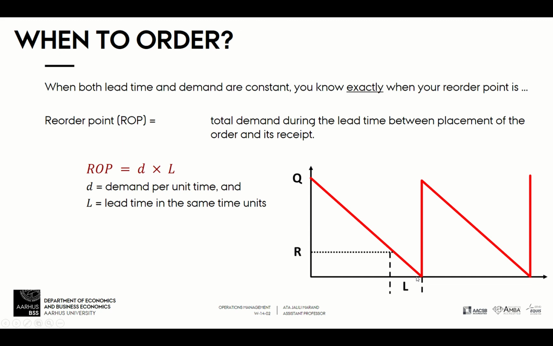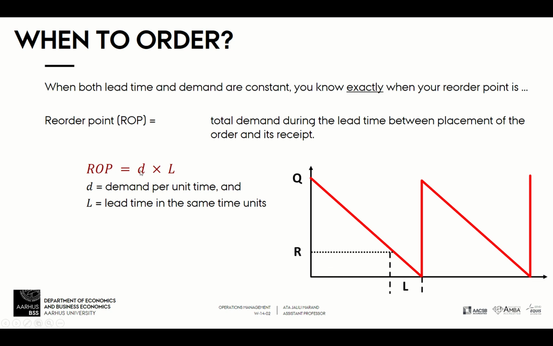Otherwise, if we have a lead time equal to L, which is deterministic, of course, because we assume that it is a deterministic model, then the reordering point simply is the average demand, or the total demand, because here we do not have any uncertainty. So it is the total demand during the lead time.